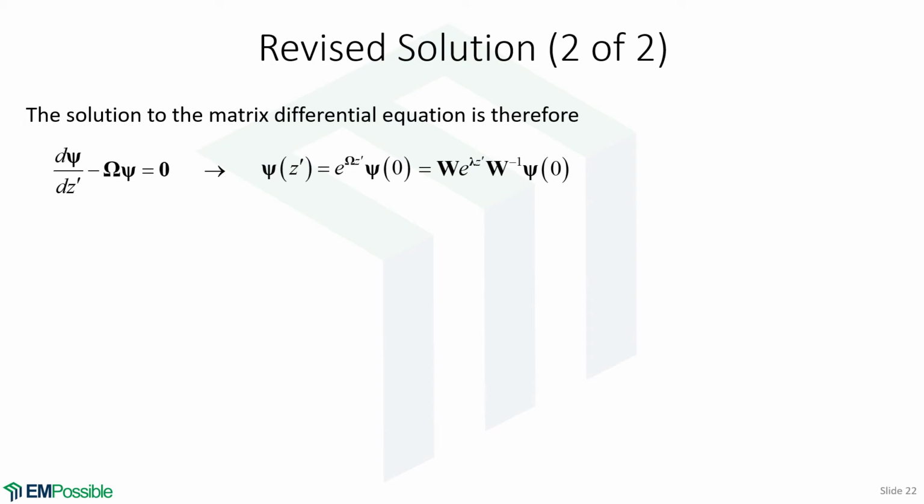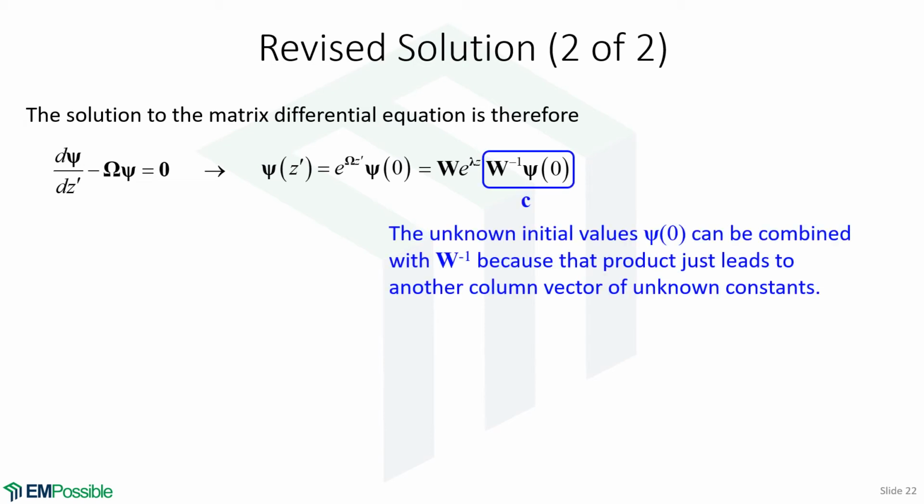Now our solution, which was written as this matrix exponential, we can now write as W times e to the lambda z prime, divided by W, times this psi at 0 prime. Remember, this is a column vector, which really represents our fields at z equals 0, and that's not known yet. So if this is a column vector of unknowns, here's our eigenvector matrix.